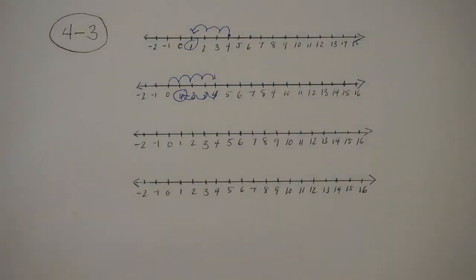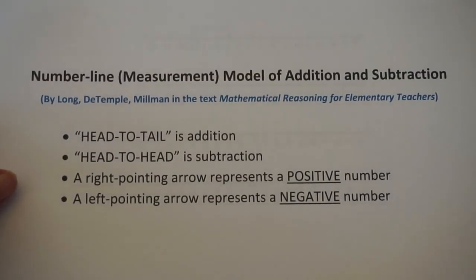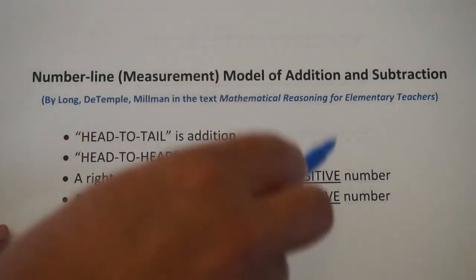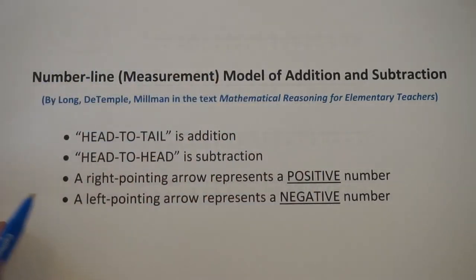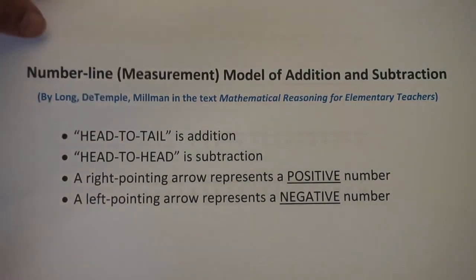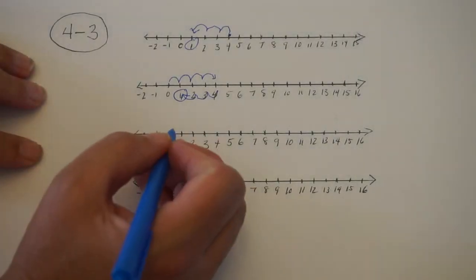But let's take another look at the rules from our textbook. So we are now doing subtraction. Instead of connecting head to tail, which was addition, one arrow and then another arrow at the end, we're going to connect head to head. We're going to continue to use right pointing arrows to represent a positive number. If you just draw this, it looks a little bit odd, but this is what it's like.